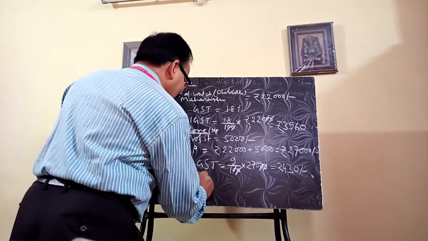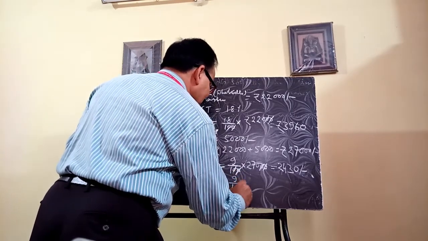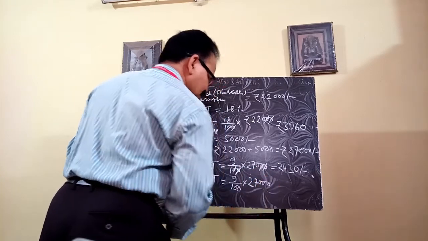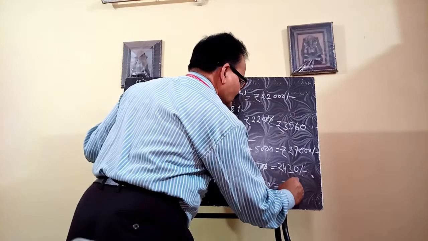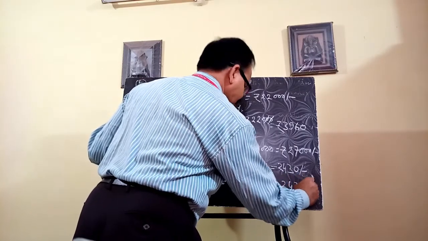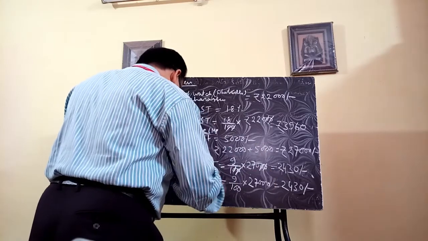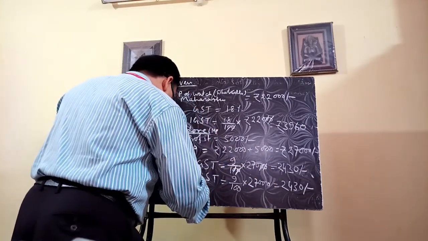And then SGST is also 9% of 27,000. So this is again 2430. So this is one CGST and this is another SGST.